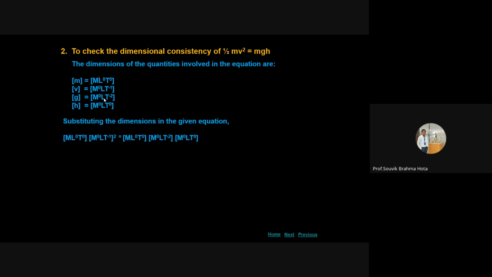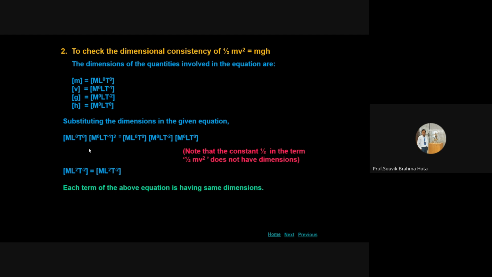So it should be M L to the power 0, T to the power 0, that is M, g is M to the power 0, L T to the power minus 2, and h is M to the power 0, L, T to the power 0. Correct? If you check, definitely half doesn't have any dimension. So both sides, LHS and RHS, have M L squared T to the minus 2. So it is dimensionally consistent.